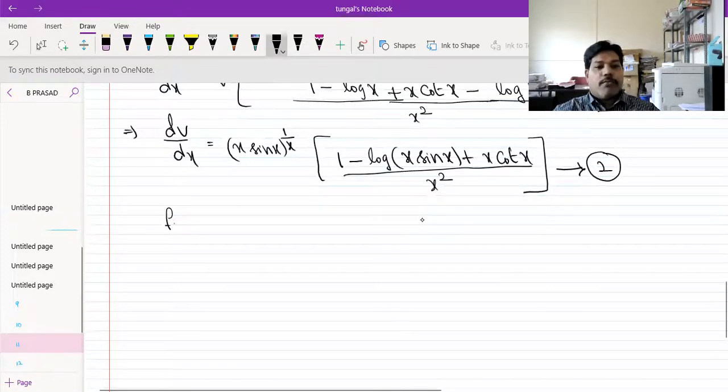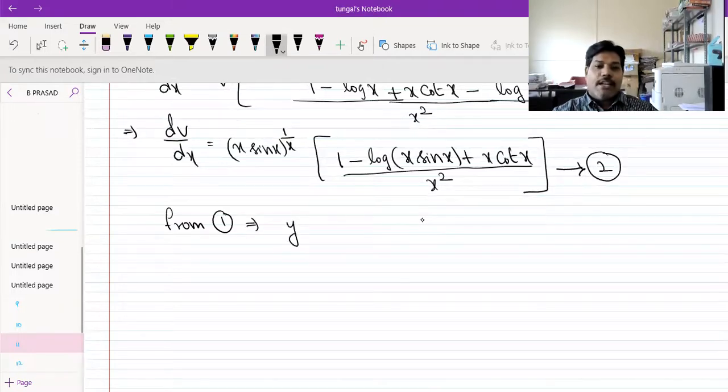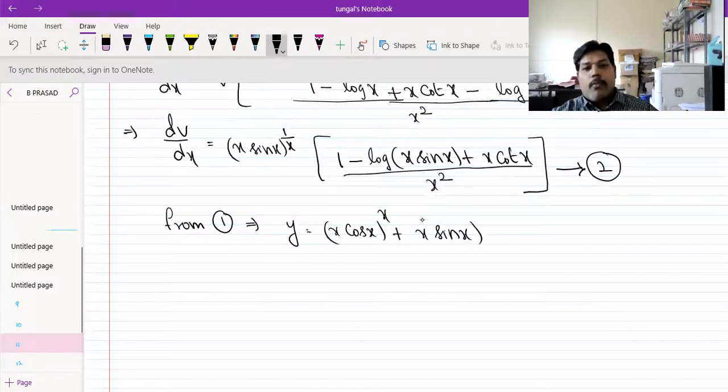Therefore, from equation number 1, what will we get? y is equal to (x cos x)^x plus (x sin x)^(1/x).